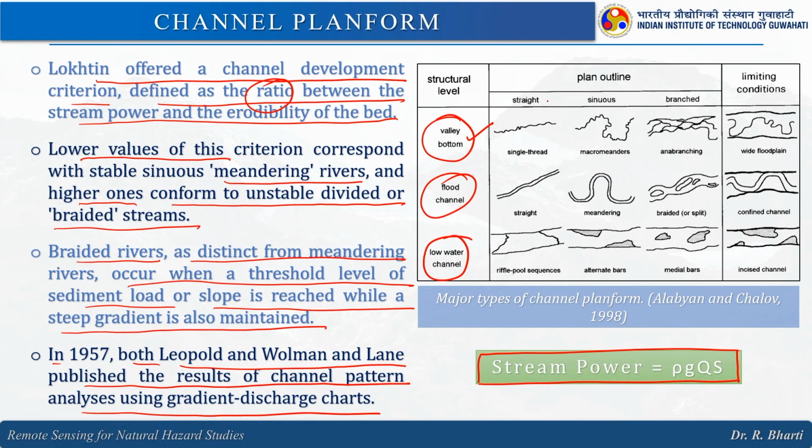So here you have straight, sinuous and branched, and here the limiting conditions are wide floodplains, confined channel and incised channel, right. And here you can see all these different characteristics. So this is the major type of channel planform and it is nicely representing all the planforms.